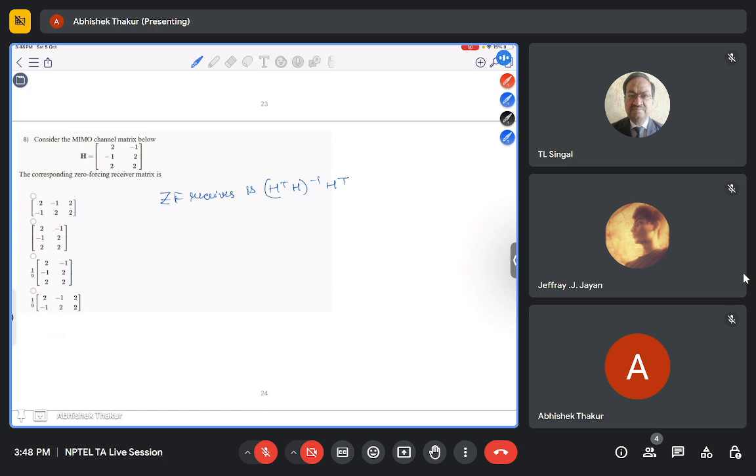So what will be H transpose H? H is given as 2 minus 1 minus 1 2 2 2. So H transpose is equal to 2 minus 1 2 minus 1 2 2.